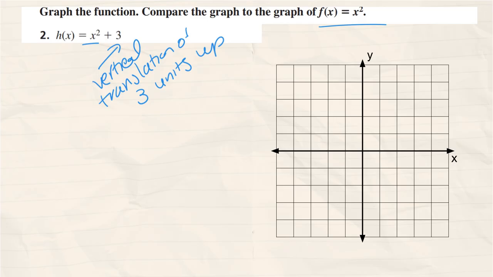So I'm able to first graph my parent, which is the same points I've been using. Remember those points were given to me at the beginning, correct? Now I know that it's going to be 3 units up. So every point that you have, just count 3 units up. 1, 2, 3.